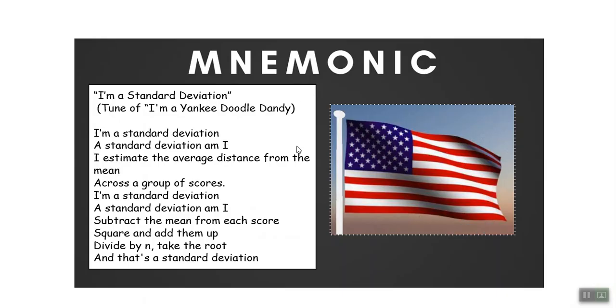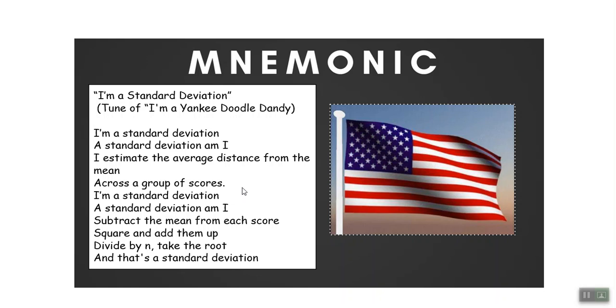For those of you that love mnemonic devices, I do have this tune to Yankee Doodle Dandy. So it goes, I'm a standard deviation, am I, estimate the average distance from the mean across a group of scores.